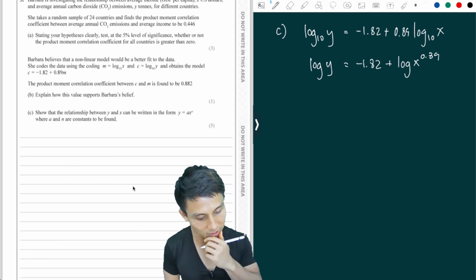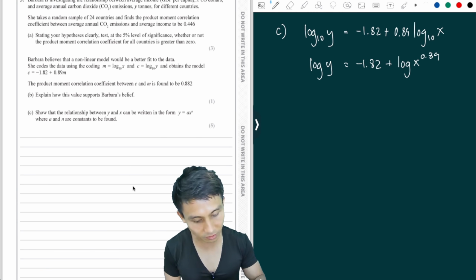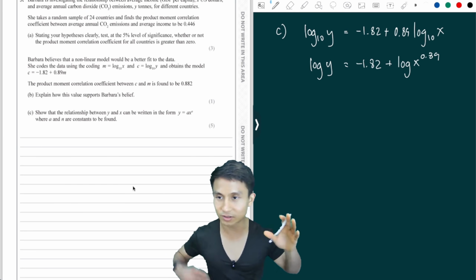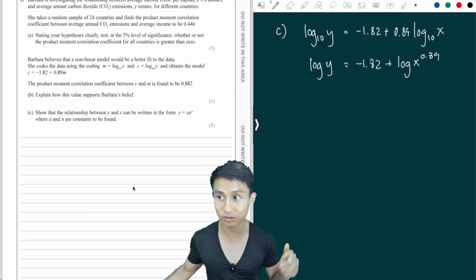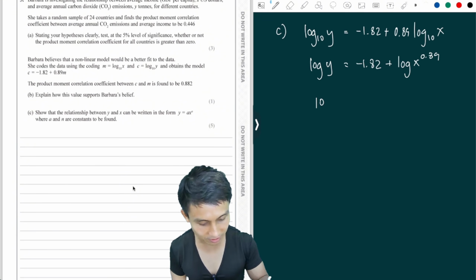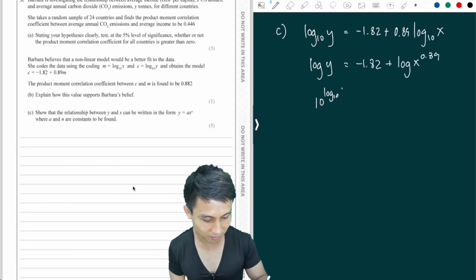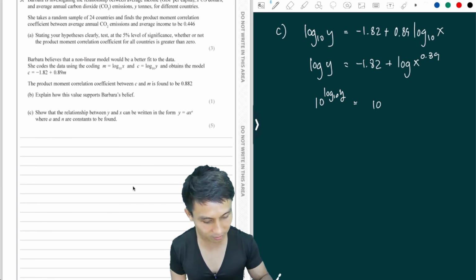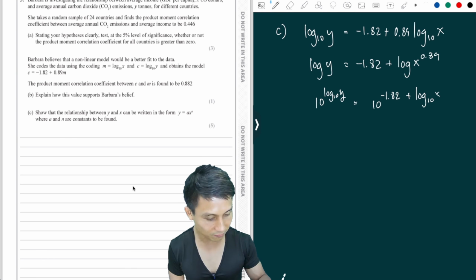And of course, you can raise the two sides as powers of 10. So we have 10 to the log base 10 of y equals 10 to the power of minus 1.82 plus log base 10 of x to the power of 0.89.